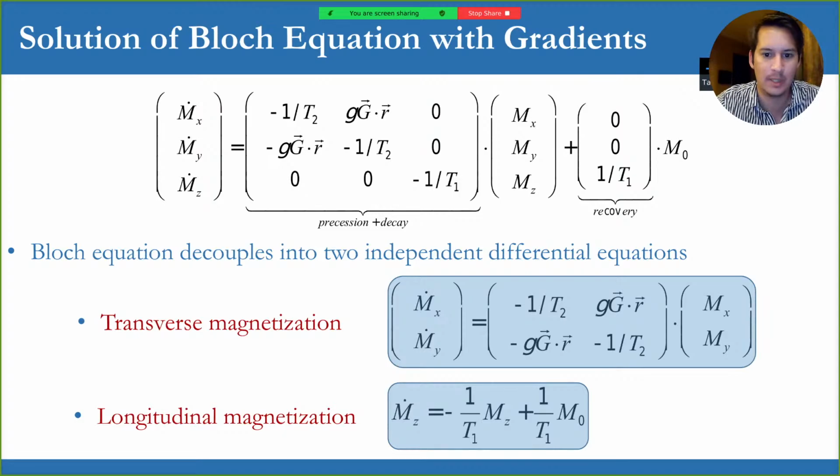When you do not apply any RF field for a long time and the signal recovers, it goes to M0 pointing in the Z direction. Mz is the value of the longitudinal magnetization at time t, and M0 you can think of as the value of the longitudinal magnetization at time 0.